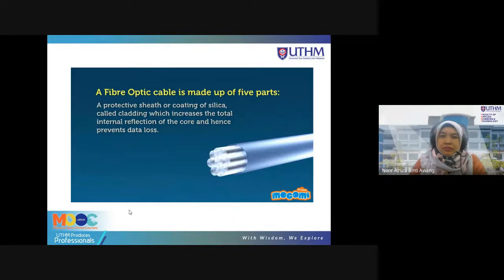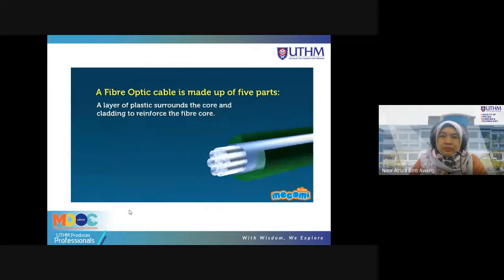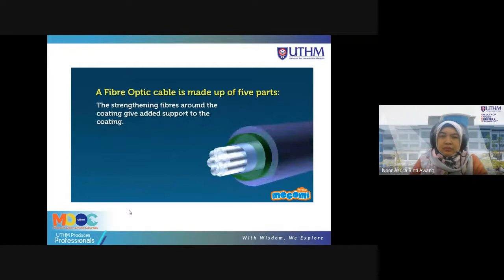A layer of plastic surrounds the core and cladding to reinforce the fiber core. The strengthening fibers around the coating give added support to the coating. All this is covered in the cable jacket like any other cable or wire.